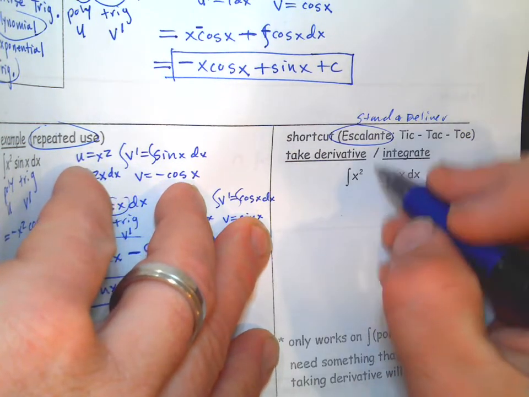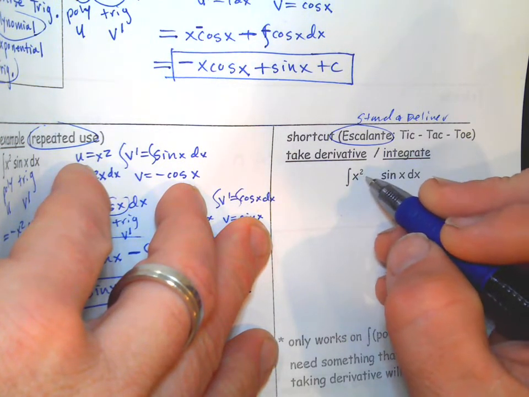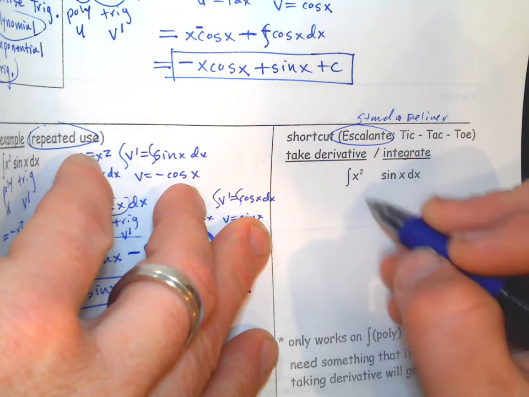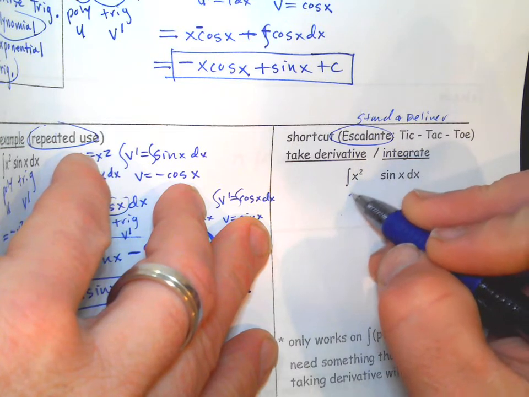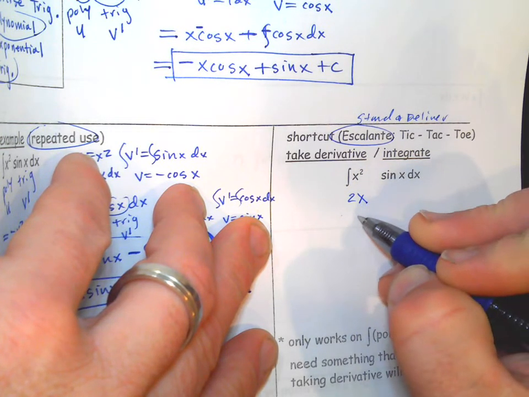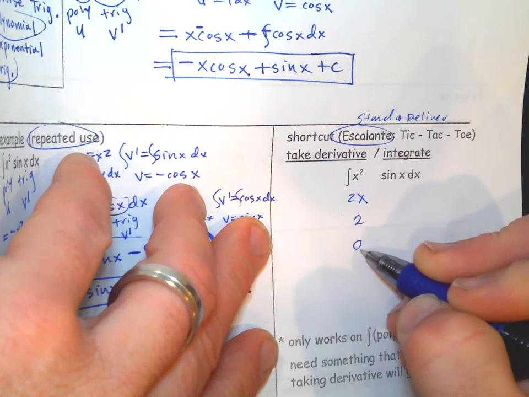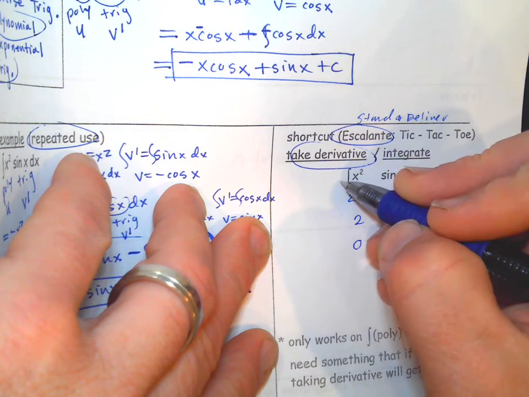So anyways, we start with it, and again, u is usually the thing that gets easier when you take a derivative, it becomes simpler. So take the derivative of x squared, which is 2x. The derivative of 2x is 2. The derivative of 2 is 0. You want to keep going until you get a 0. Keep taking derivatives, okay, until you get a 0.